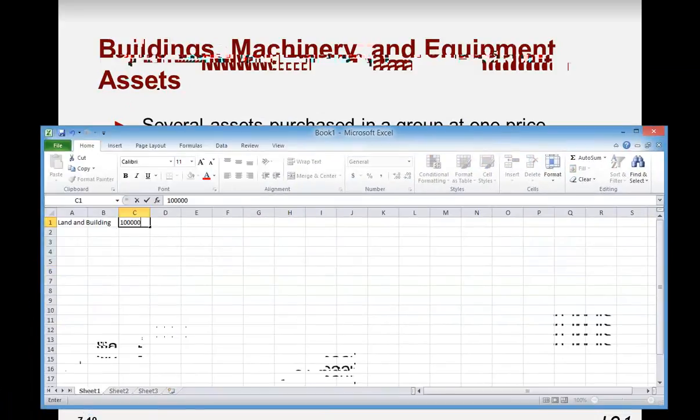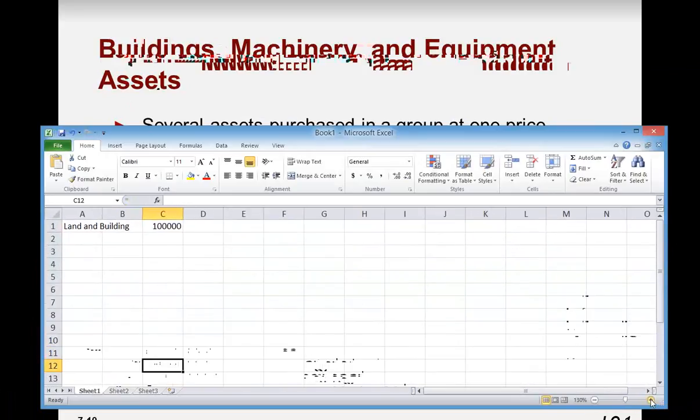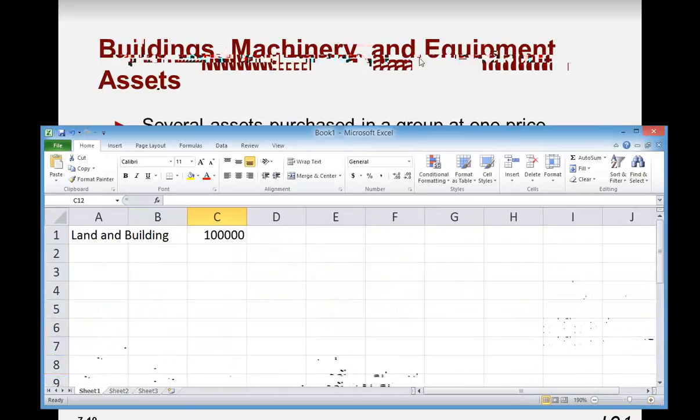Let me make that a little bigger. Okay, so if I buy land and building and I pay $100,000 for it, I bought it for cash. I paid $100,000 cash.